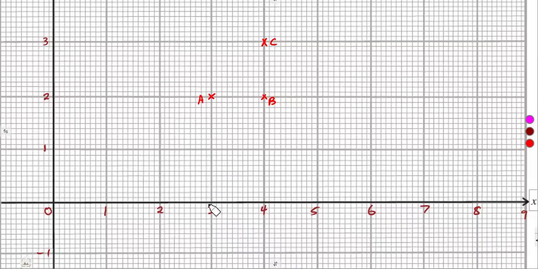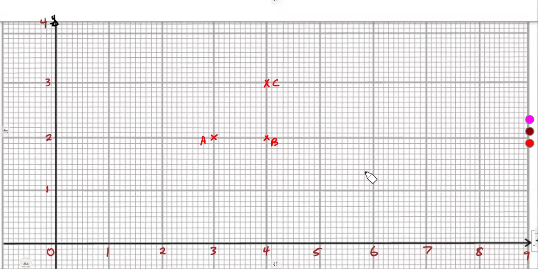We are going to have the 3 here, then 4 that is on top. So we're going to mark our point. The 4 is actually on this line. So that was going to be our point D.